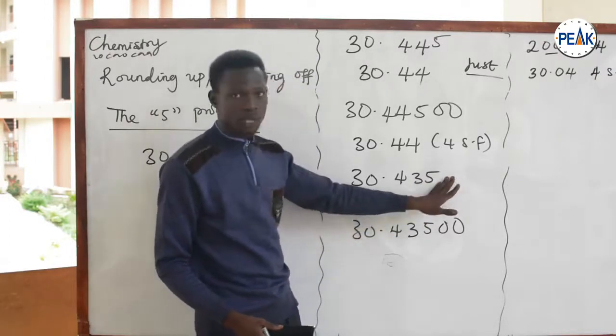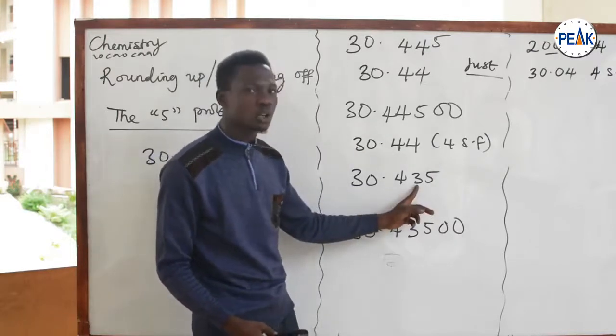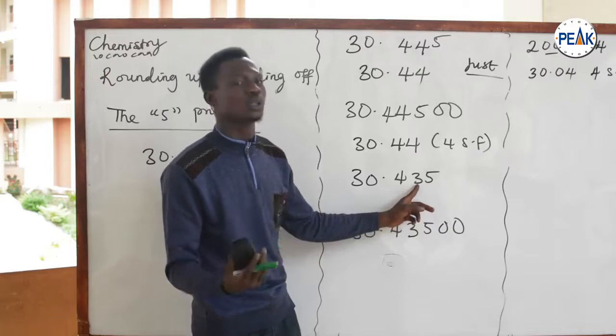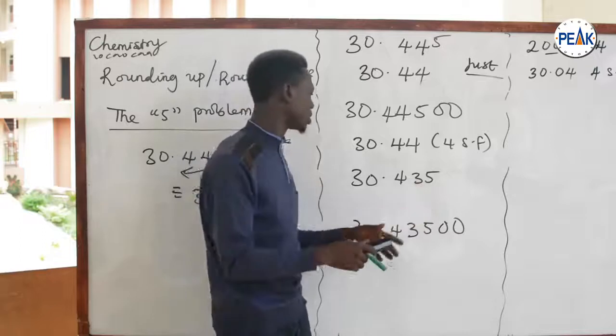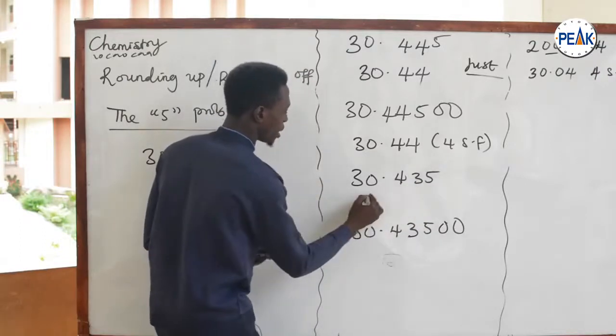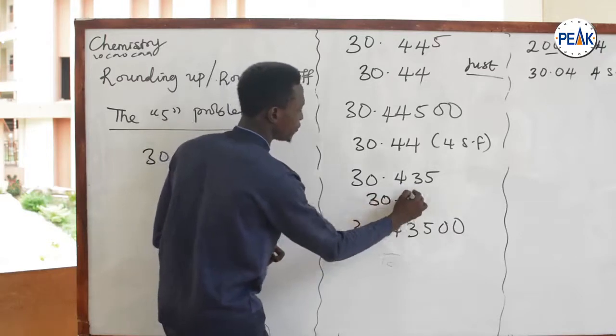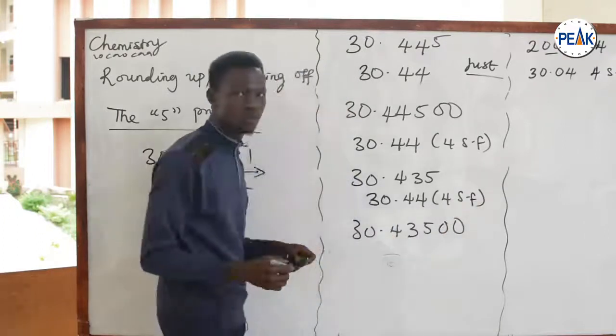It's just there. Now check the figure before the 5. The figure before the 5 is an odd number. The rule states that we are going to round up. By rounding up, I mean we are going to add 1 to the preceding figure. So to 4 significant figures, this number here becomes 30.44 to 4 significant figures. I believe we are following.